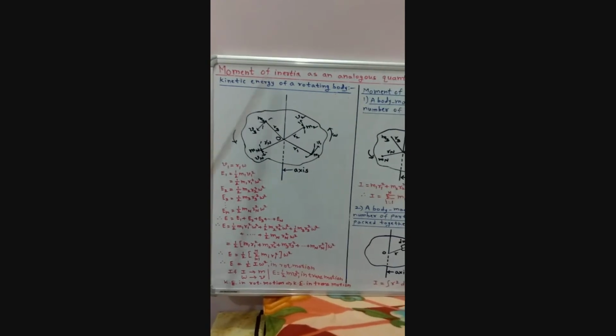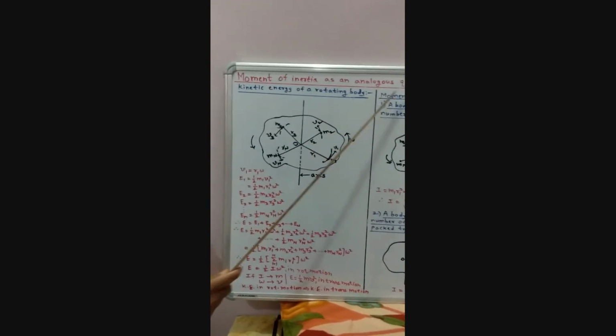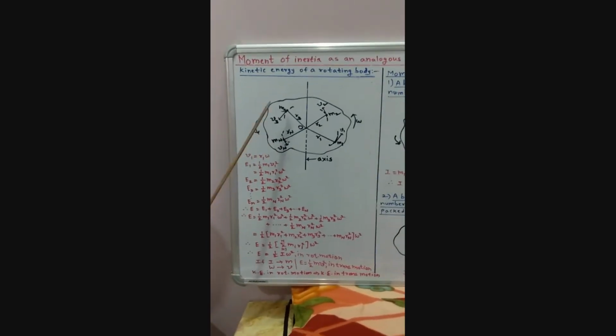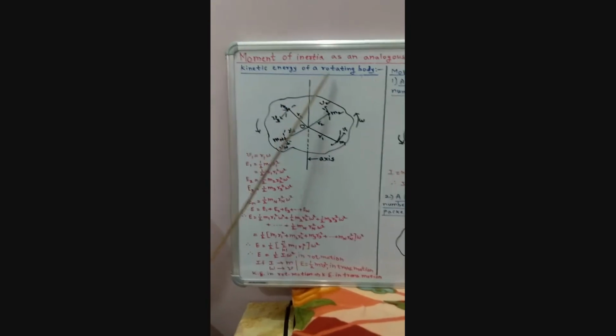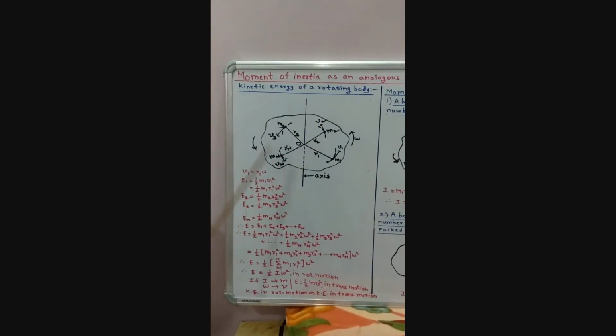Here we are going to study moment of inertia as an analogous quantity for mass. At the beginning, we have to derive an expression for kinetic energy of a rotating body.